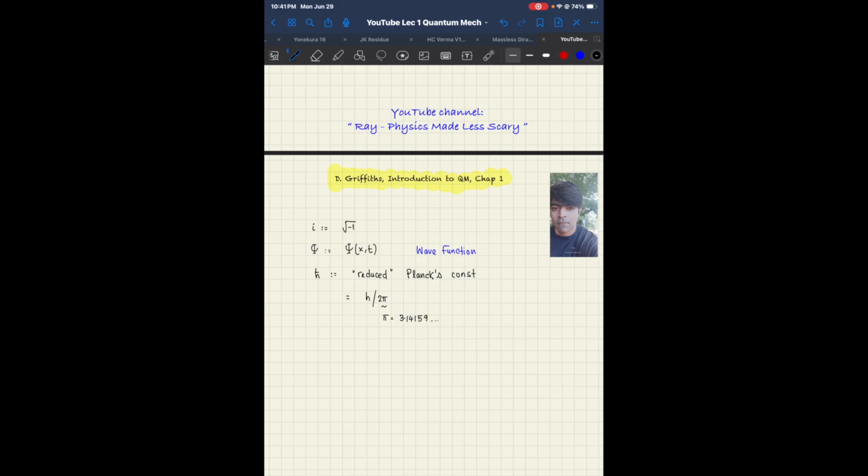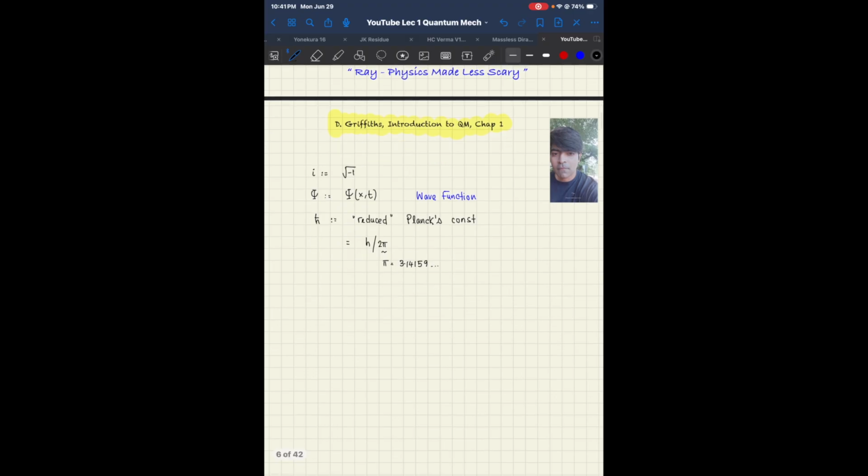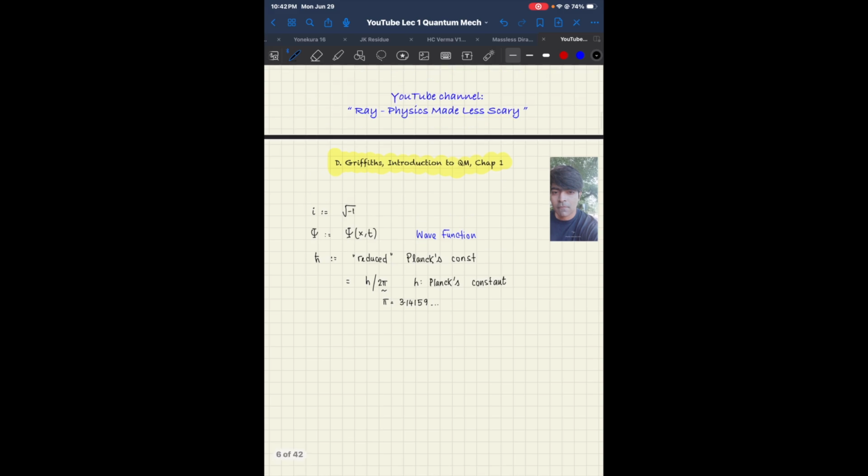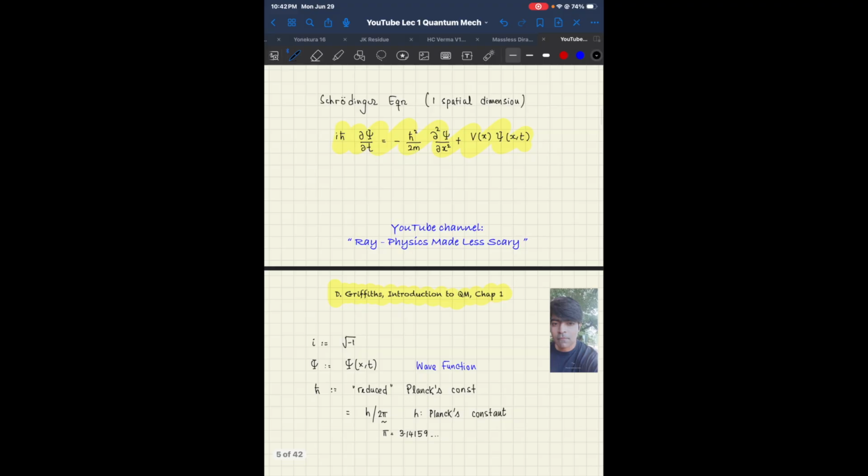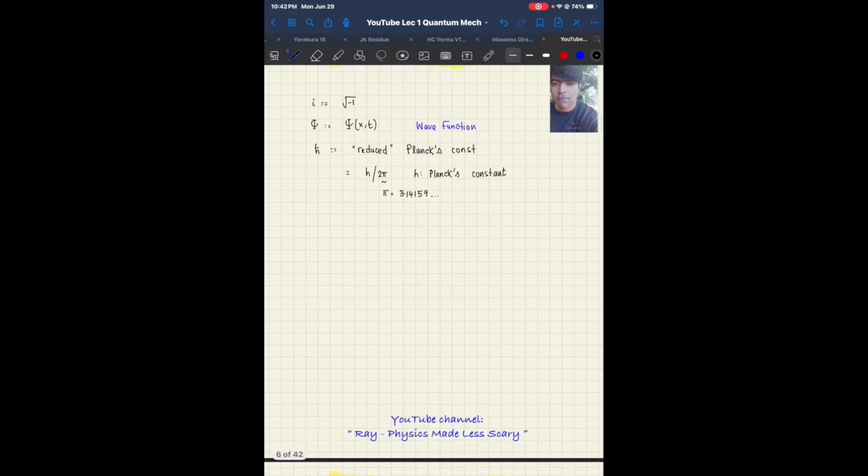It's quite important to remember that. It never ends. h is called the Planck's constant. So h by 2 pi is the reduced Planck's constant. Well, the value is a little less, right? What else was there? Right. And V is some potential.